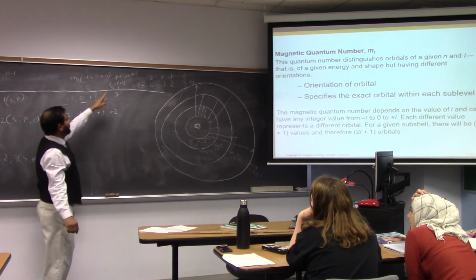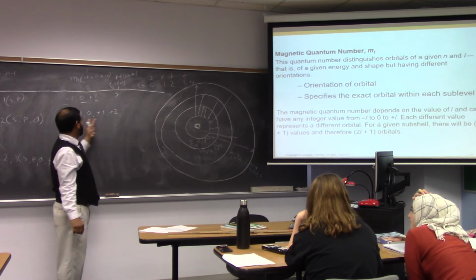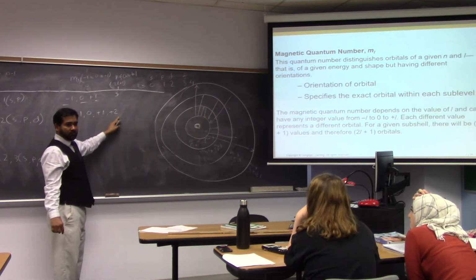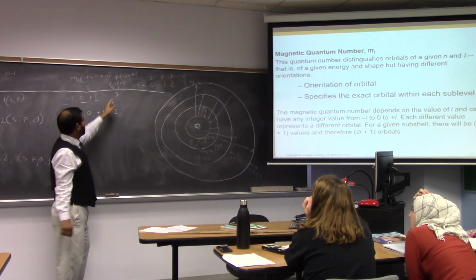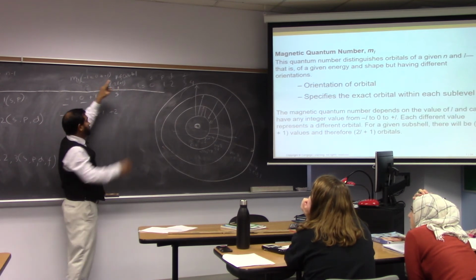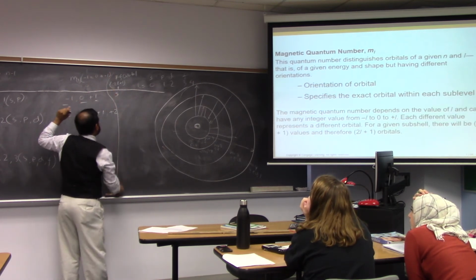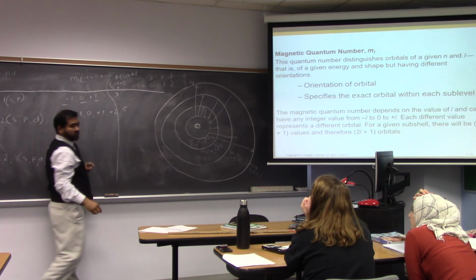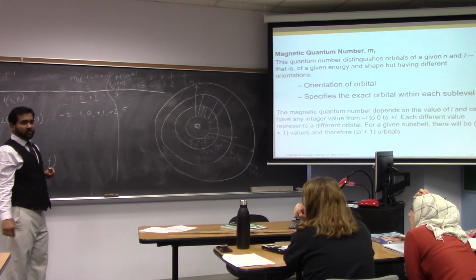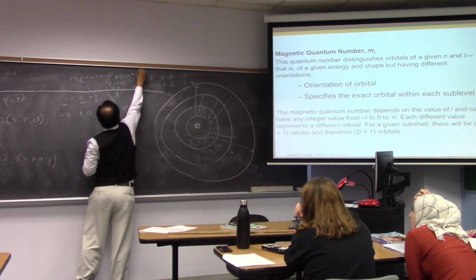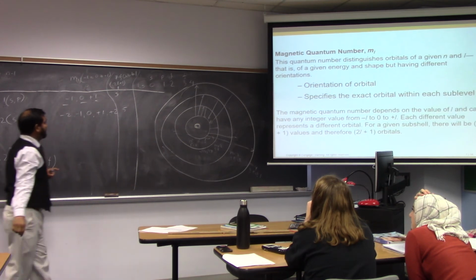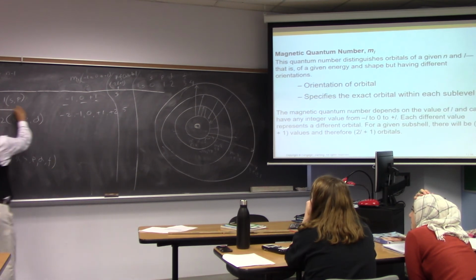Then calculate how many orbitals are possible. You can see from here 1, 2, 3, 4, 5, so 5. Also look at 2 times 2 plus 1. This also shows that 5 orbitals are possible.